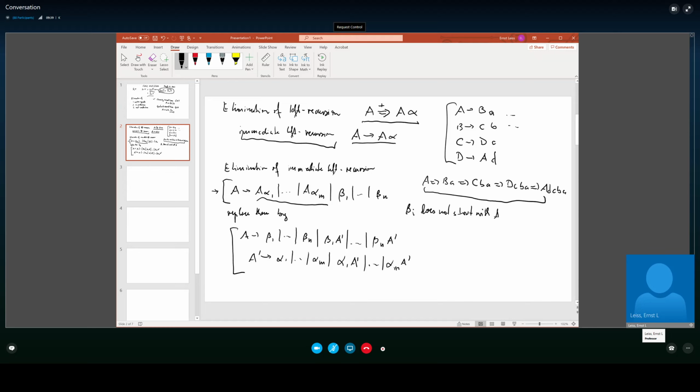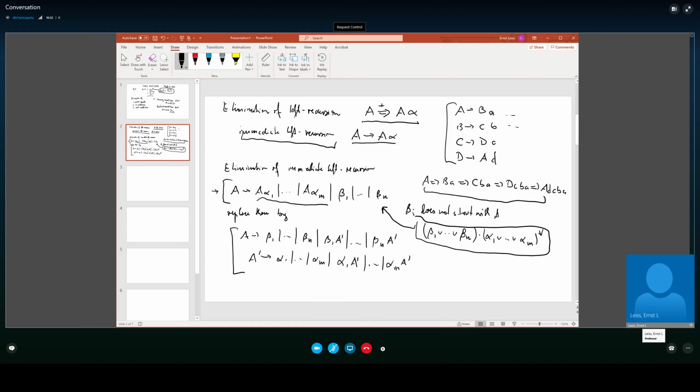So if we look at the set of all strings that we can possibly get from the A, then this is a beta, because the beta obviously has to start that string. So one of those betas, or any of the alphas, and as many of the alphas as we want, so this is star. So this is what we really get from this set of productions.